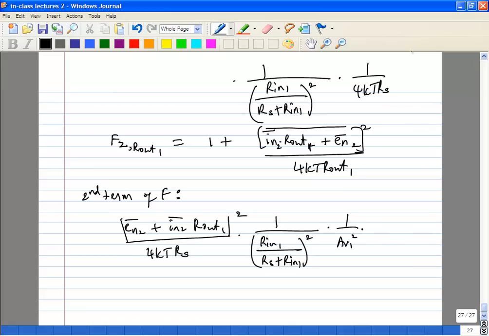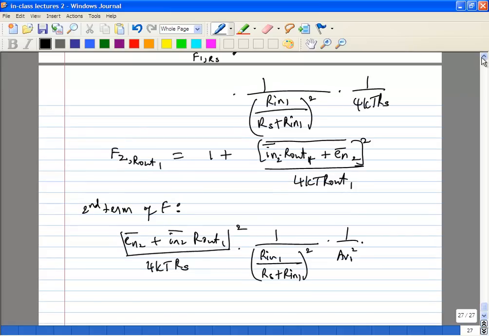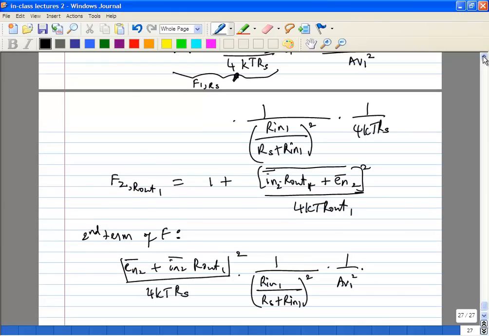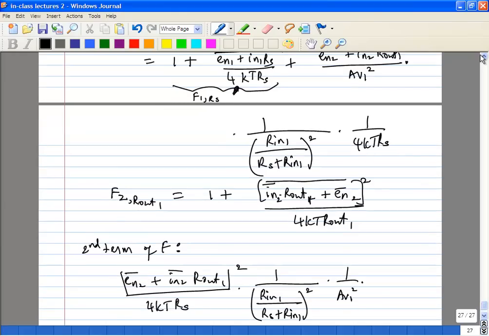Okay, so that's what we have so far. Right? So we have En2 plus In2 Rout1 over AV1 squared, 1 over 4kTRs, and 1 over Rn1 plus Rn1 over Rs plus Rn1 whole squared.